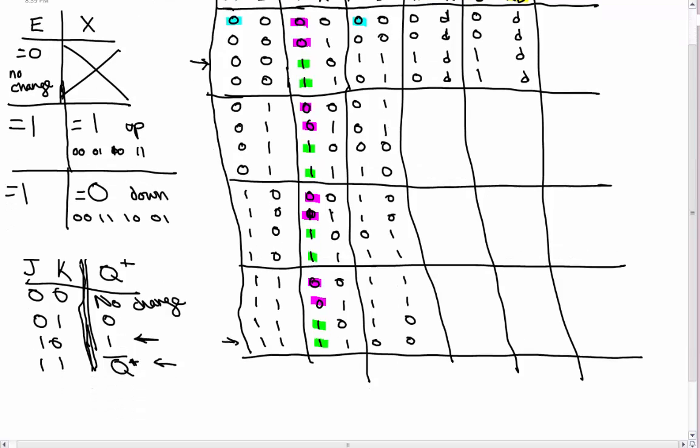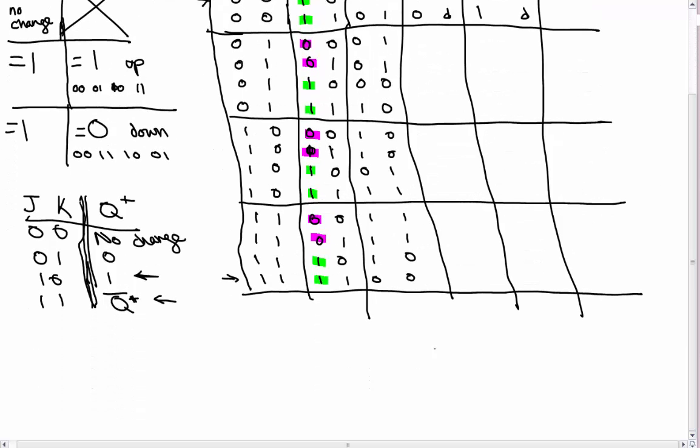So what happens next is, since an excitation table is really just an overglorified truth table, we have JA do the K-map of that, KA do the K-map of that, JB do the K-map of that, and KB do the K-map of that. So what happens when you do the K-map afterwards is you have simplified equations.